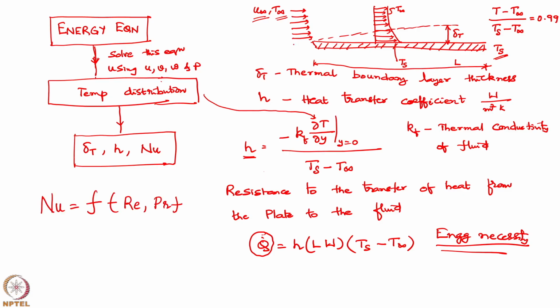But if supersonic flow happens on this plate, in addition to Re and Pr, there will be the Eckert number as well. This I can write on the basis of dimensional similarity.